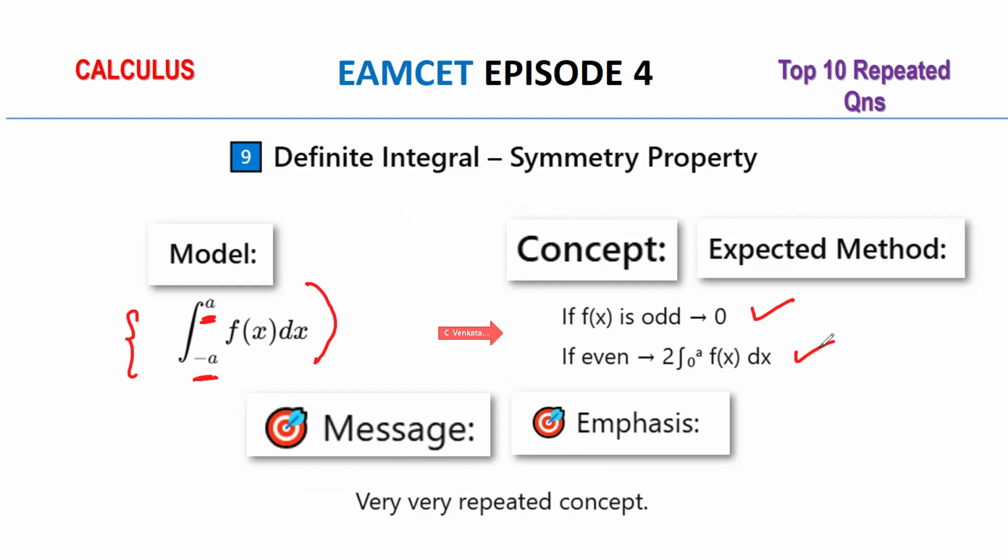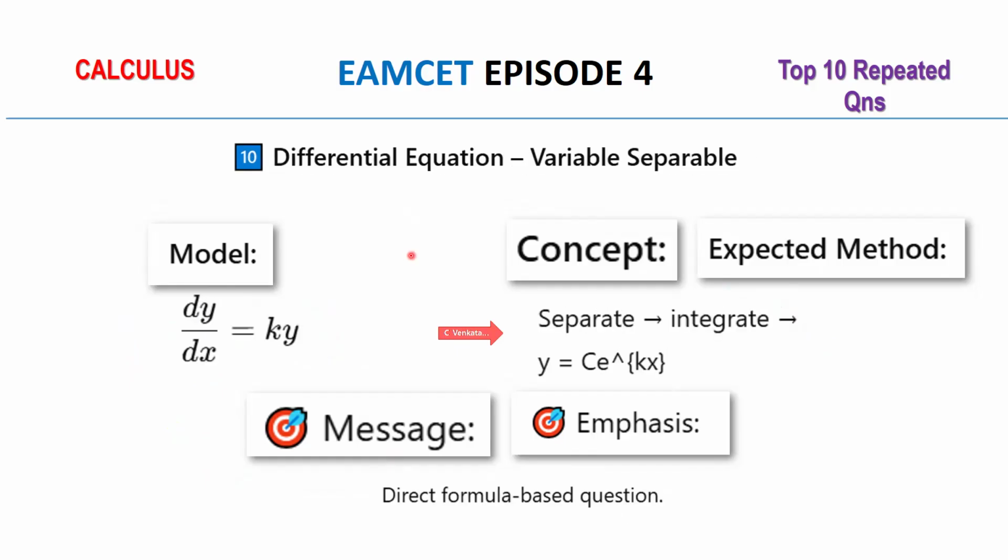Of course, f of x will be given. Suppose it is 2x or x square or x cube, it will be given to you. Based upon that, continue solving the problem. Directly doing the problem is one aspect, but instead of that, you can do the problem in a different way.